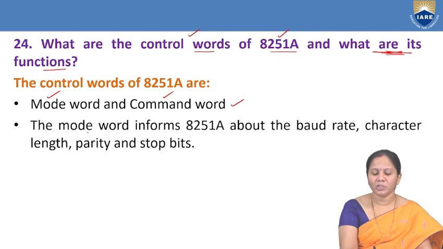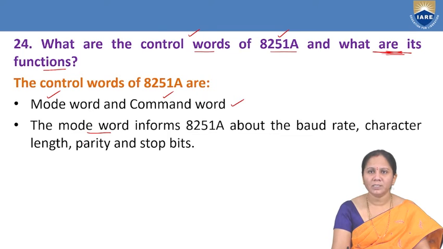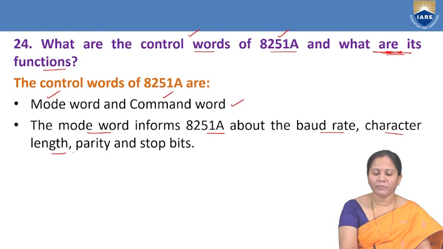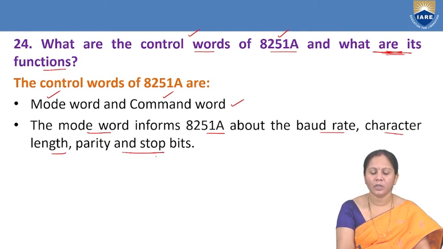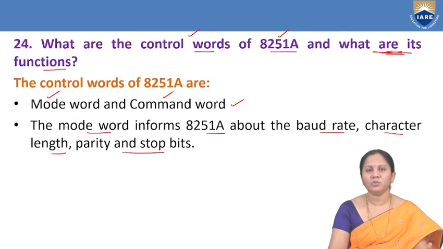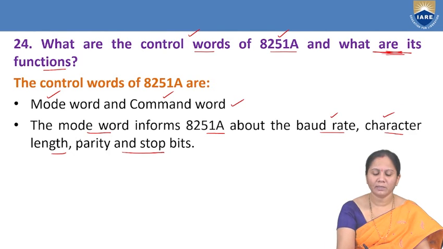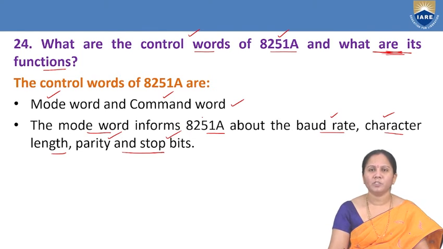The function of the mode word is that it informs the 8251A about the baud rate, character length, parity and stop bits. The mode word is an 8-bit register. Among the 8 bits, one bit gives information related to baud rate, another to character length, the next to parity, and the next to the number of stop bits.